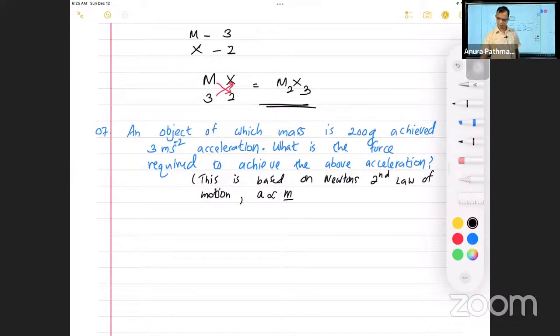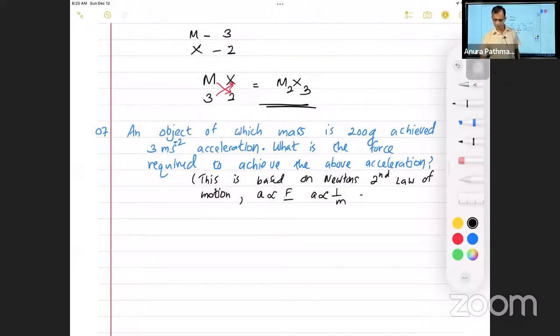Sorry, I made a mistake earlier. Acceleration of an object is directly proportional to the unbalanced force applied and inversely proportional to the mass of it.